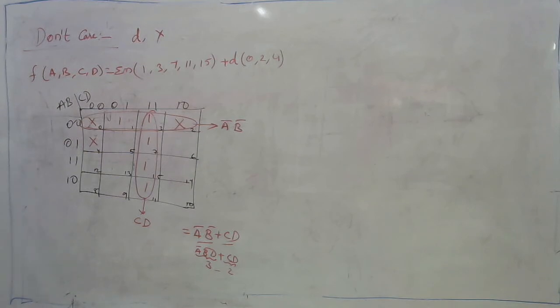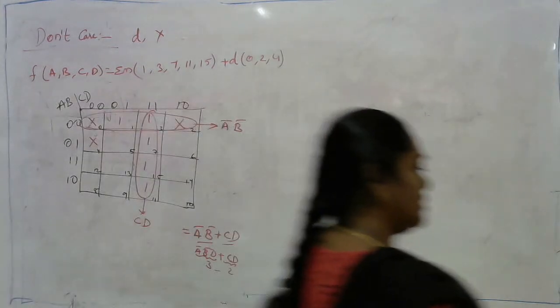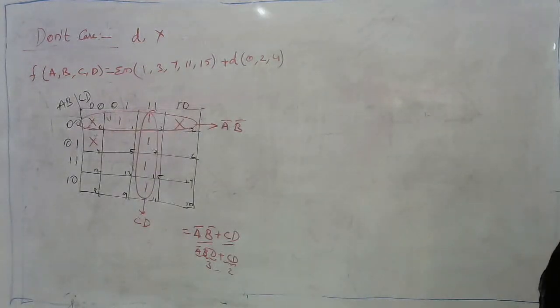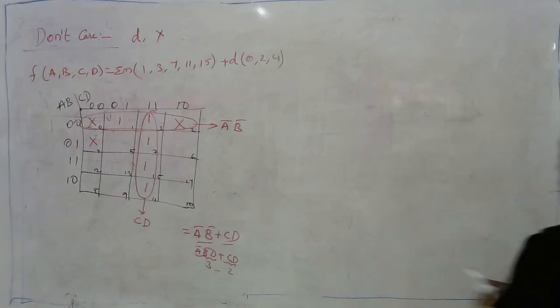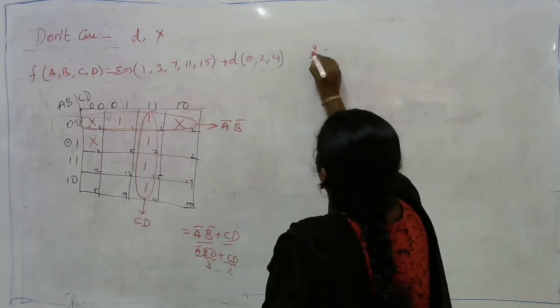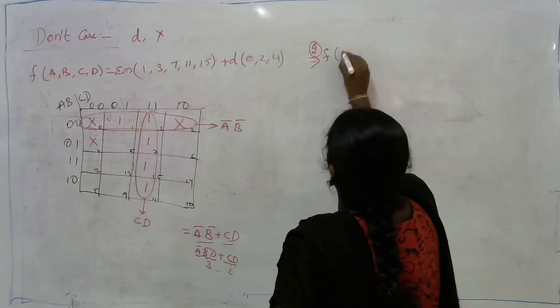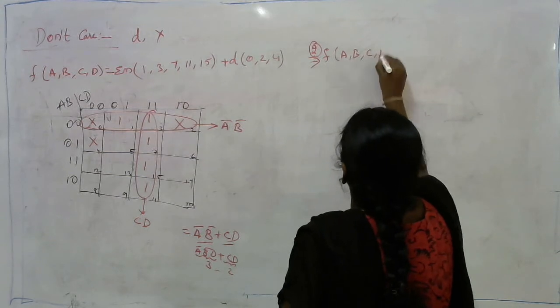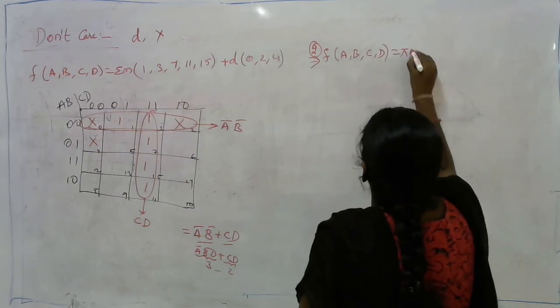Similarly, instead of the SOP expression, now let us take an example for the POS expression with don't cares. The second question is f of A, B, C, D equal to pi m.